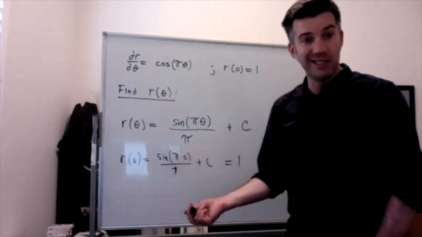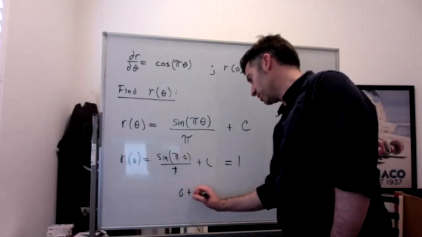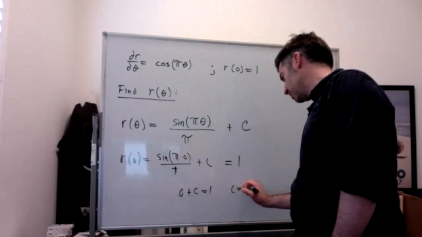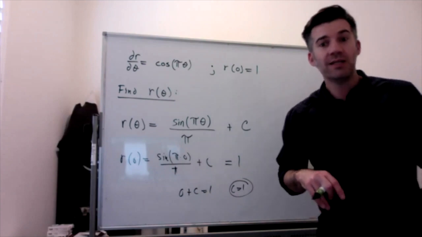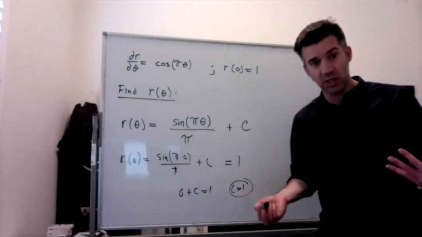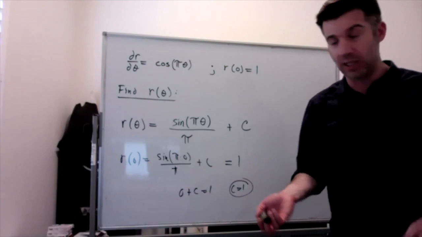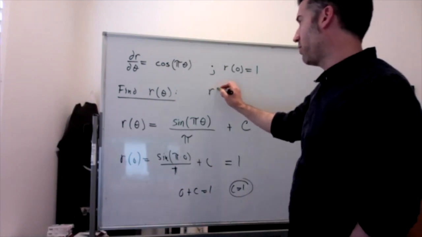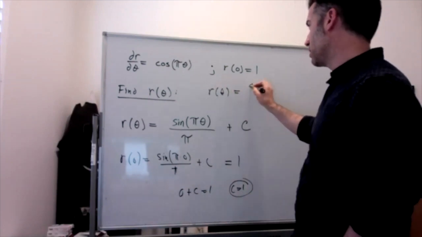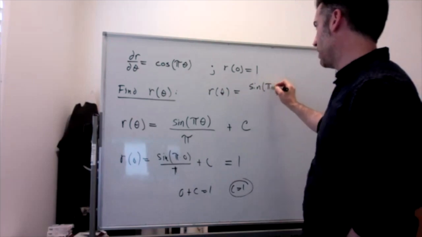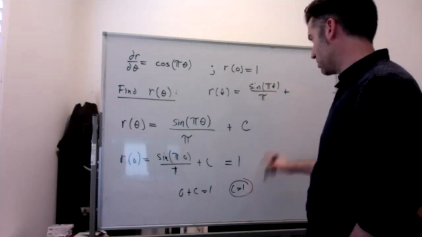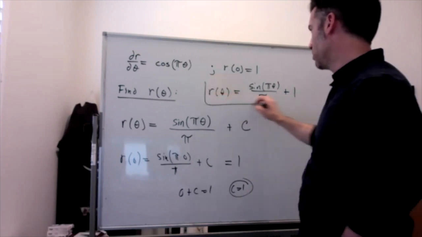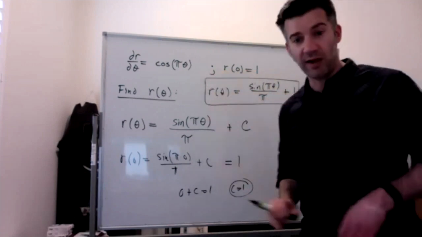Sine of 0 is 0, so we get 0 plus c equal to 1, so c is 1. Technically, the solution is the actual function, so r of theta is sine of pi theta divided by pi plus the constant we solved for. That's our actual final answer.